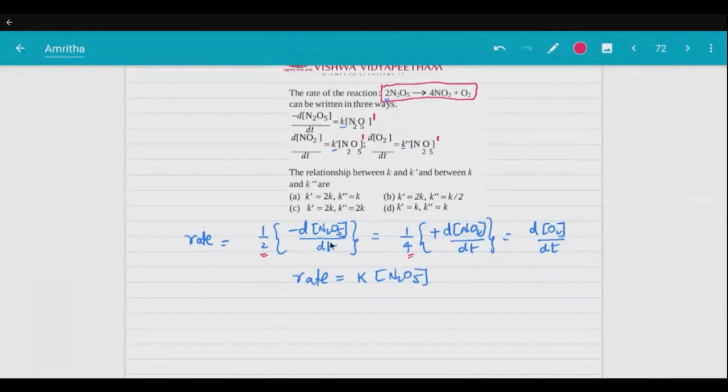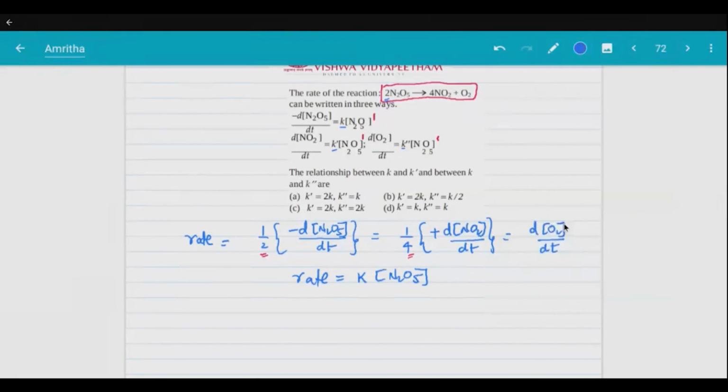Don't forget the coefficients. They cannot be equal, right? Option B, everyone? Sure? Okay.